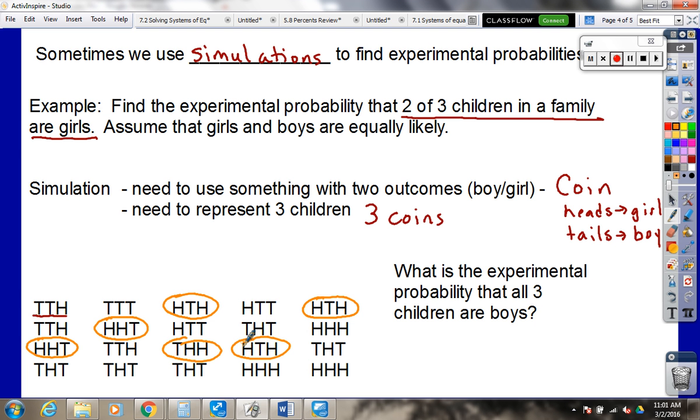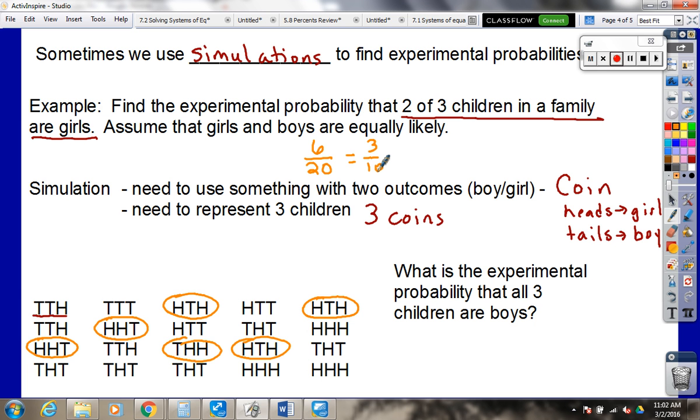Sophia? 6. 1, 2, 3, 4, 5, 6. So I have 6 out of, how many times did someone flip the coins? Emma? 20. So we have 6 out of 20, which reduces to 3 out of 10.